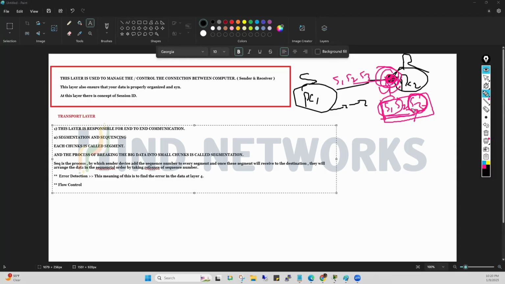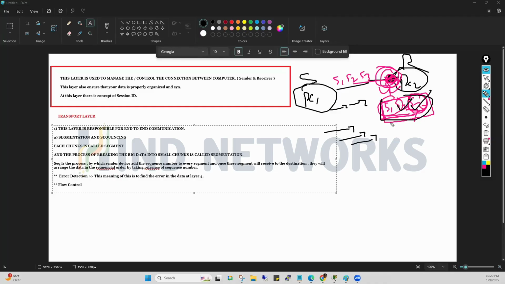When this segment is processed, PC number 2 will check the next one. Like this, it works. But for example, here already there are 3 segments. And if PC number 1 is continuously trying to send segments, what will happen? That scenario is called an overwhelming scenario.